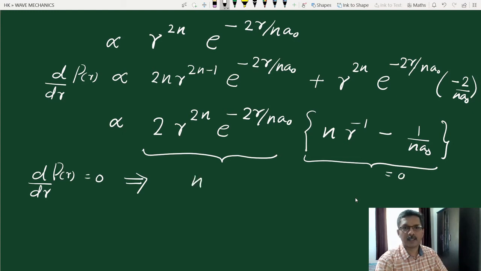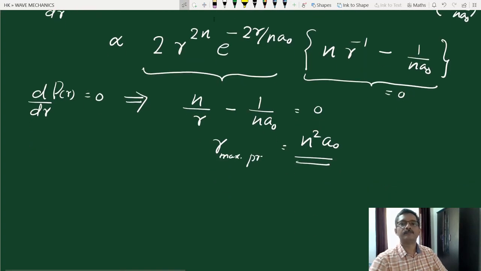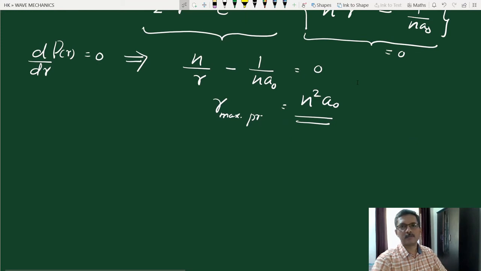So we get n by r minus 1 by n a0 equal to 0, or r maximum probability equals n square a0. If you rearrange the terms, the most probable radial distance is n square a0.